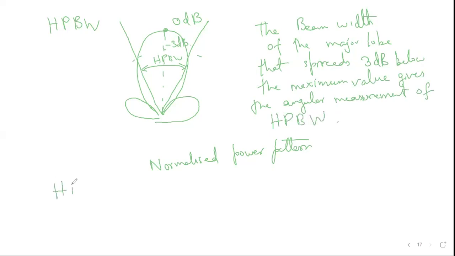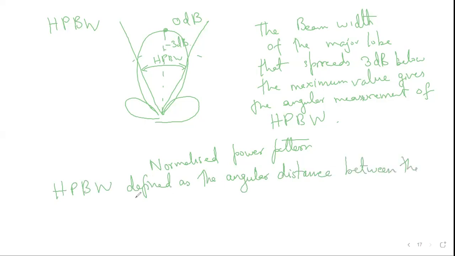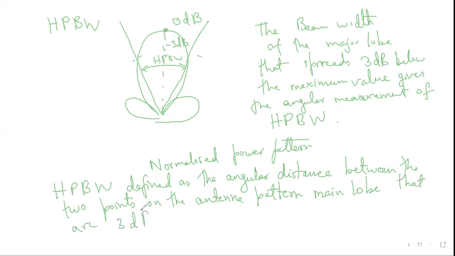Or HPBW, if you want to define it, can be defined as the angular distance between the 2 points on the antenna pattern main lobe, major lobe, main lobe, that are 3 dB below the maximum gain plot.